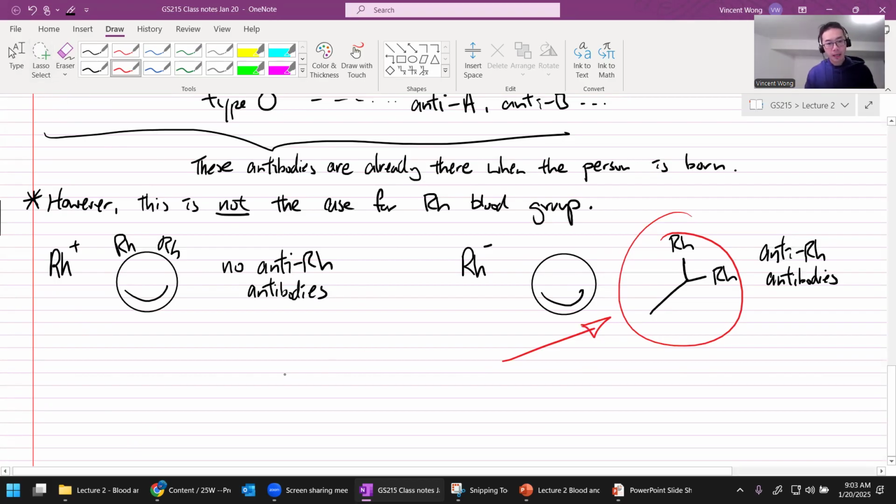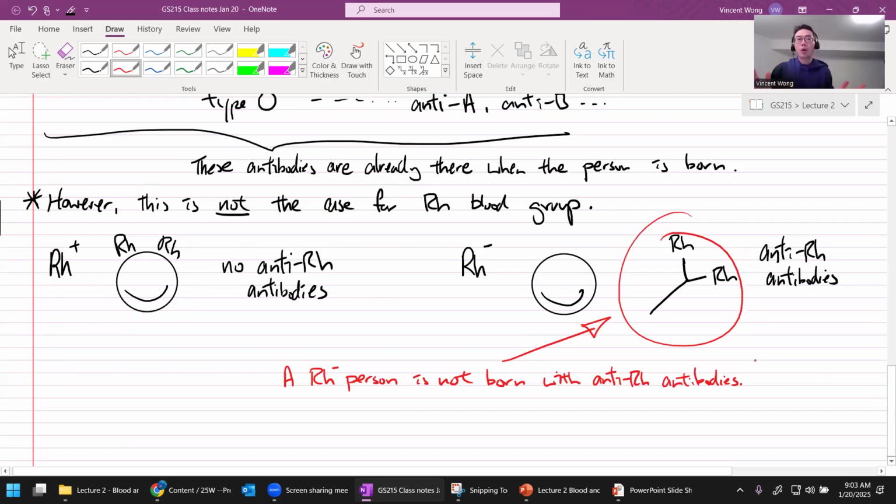An RH negative person is not born with anti-RH antibodies. It's the same thing. A baby is not born with, listen carefully, anti-chickenpox antibodies. They're not born with anti-COVID antibodies.